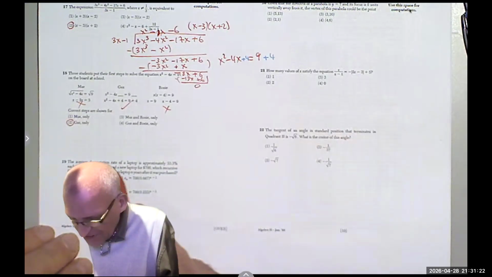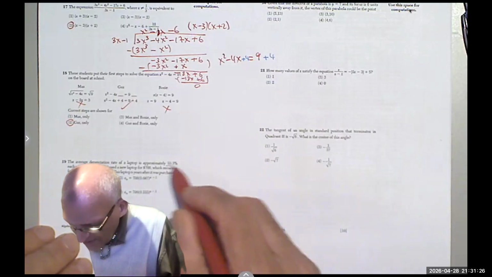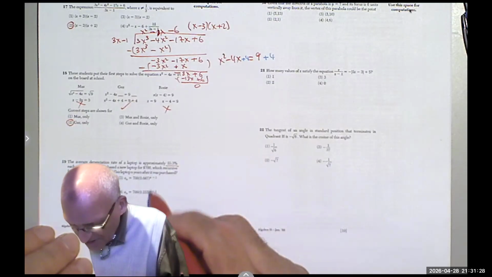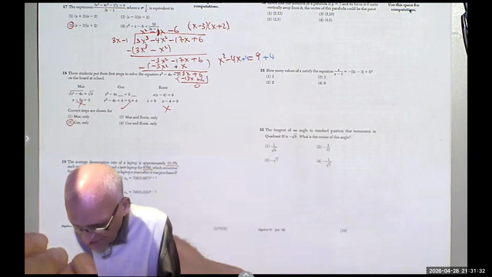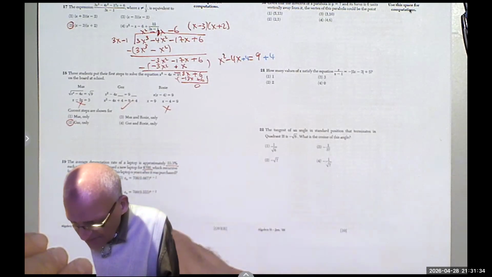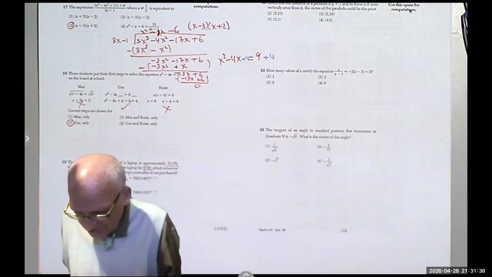Okay, 19. The average depreciation rate of a laptop is approximately 33.3% each year. If Garrett purchased a new laptop for 700, which recursive formula represents the value of his laptop n years after it's purchased?